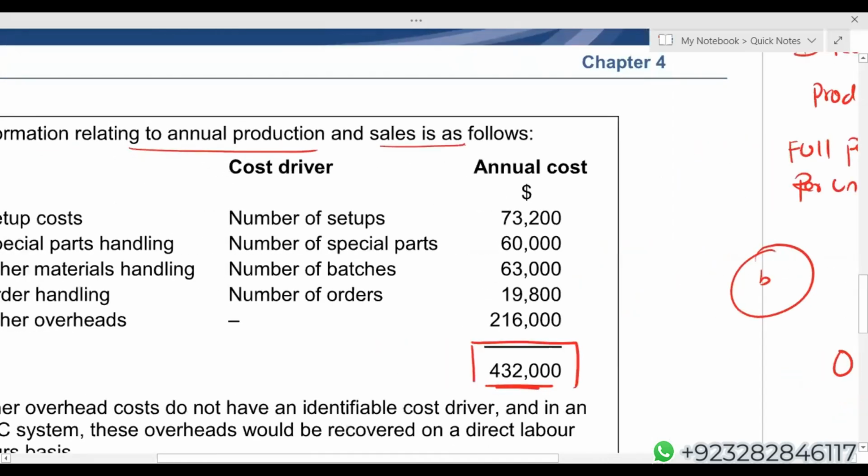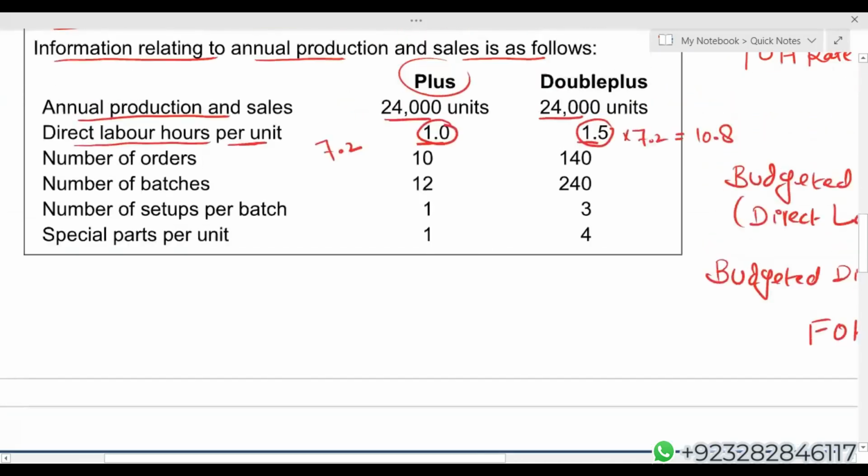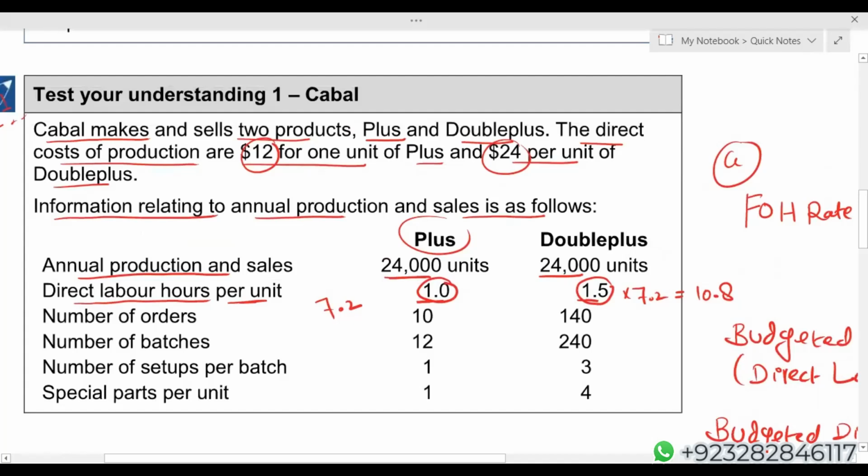Now let's see. Each activity will have a separate cost driver. Number of orders: for 24,000 units of plus, we have 10 orders, and for double plus we have 140 orders.